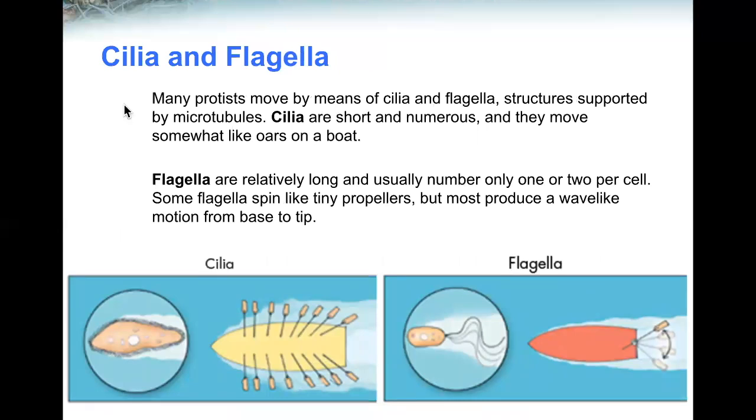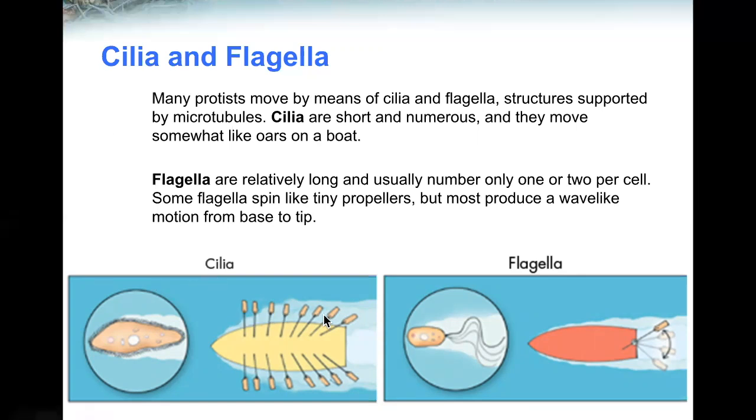Many protists move by means of cilia and flagella, structures supported by microtubules. Cilia are short and numerous, and they move somewhat like oars on a boat. Flagella are relatively long and usually number only one or two per cell. Some flagella spin like tiny propellers, but most produce a wave-like motion from the base to the tip.